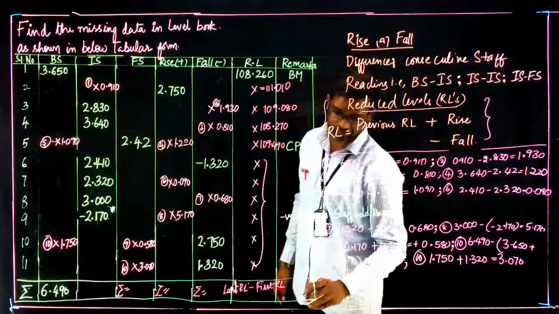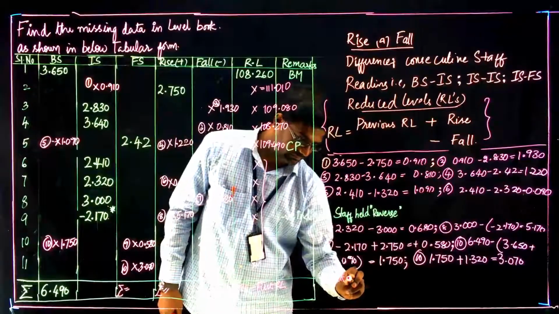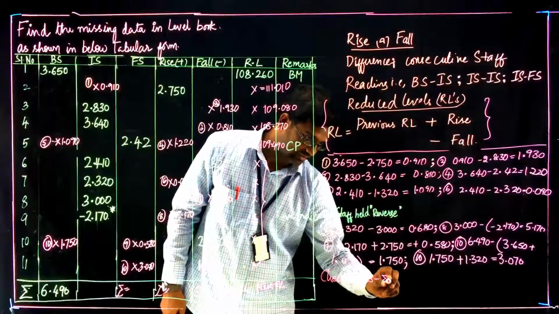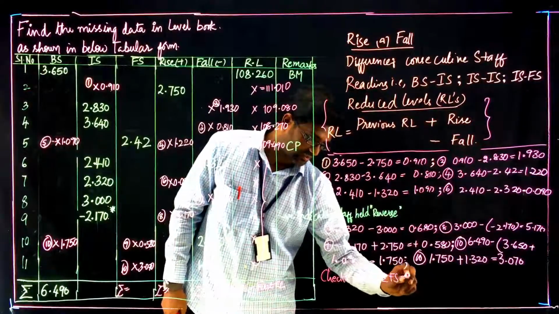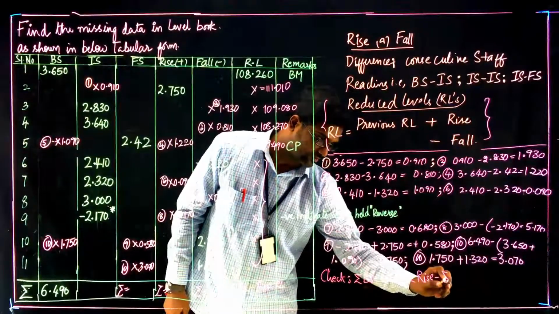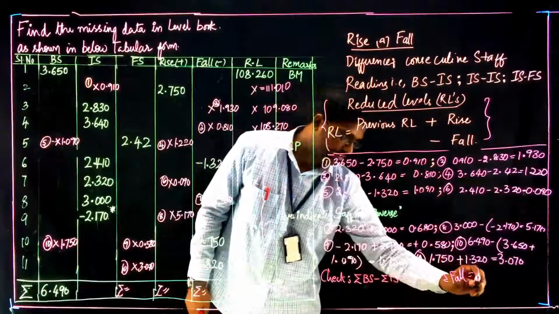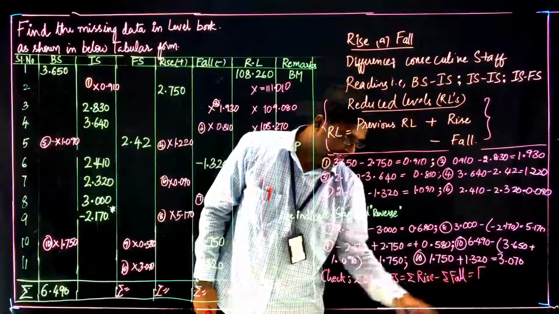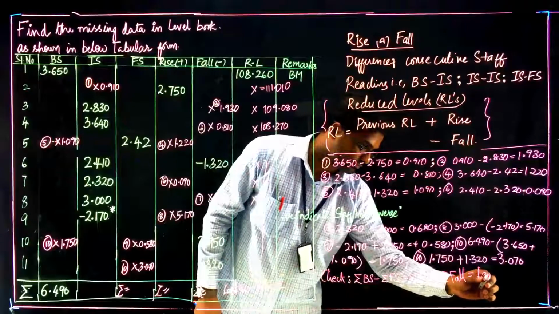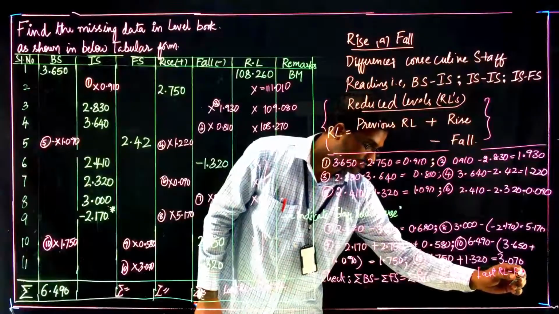The check we have discussed in previous classes: summation of backsight minus summation of foresight equals summation of rise minus summation of fall, which equals last reduced level minus first reduced level.